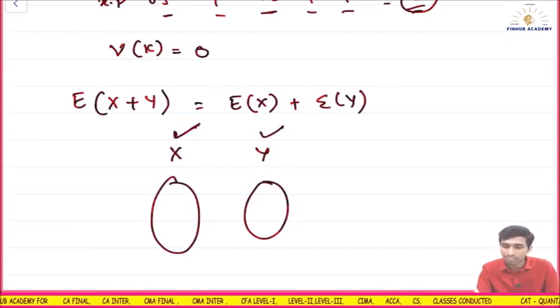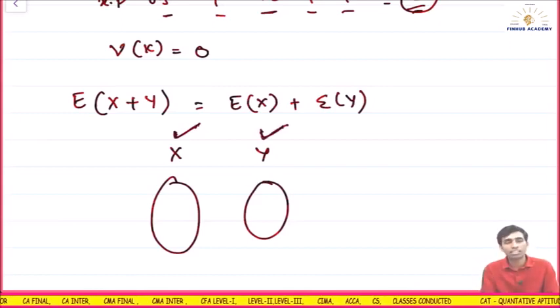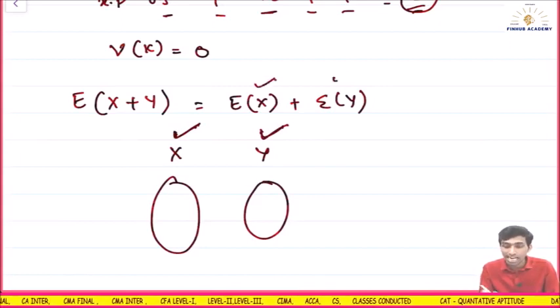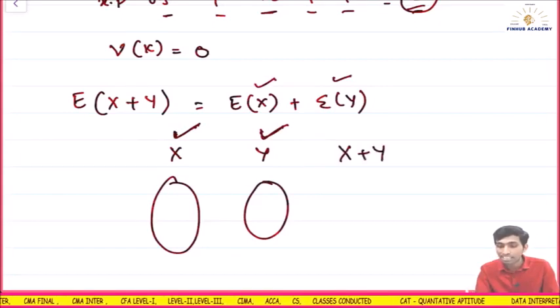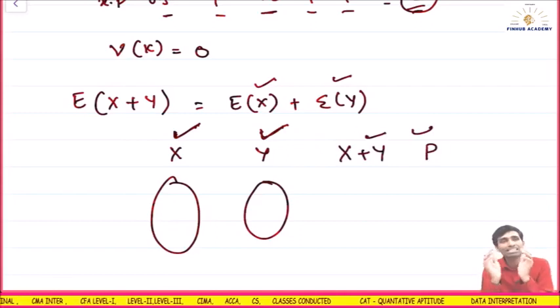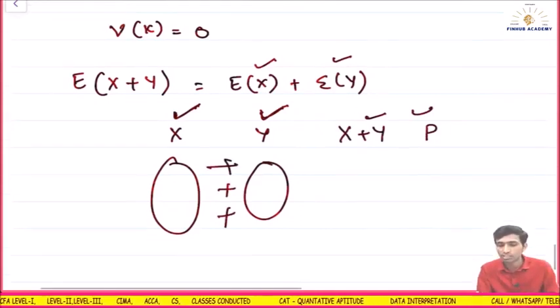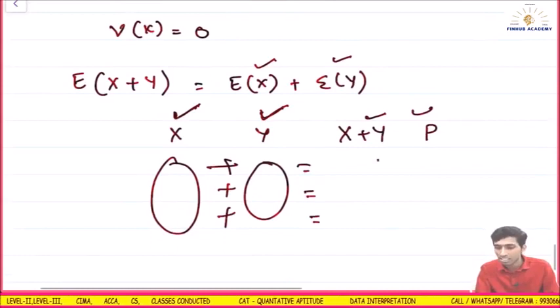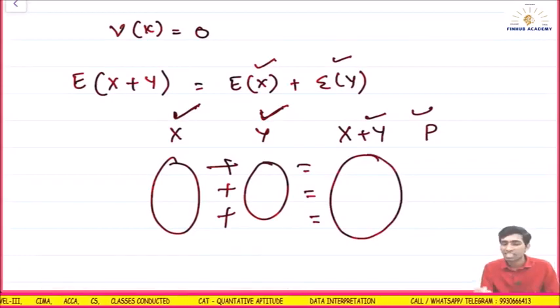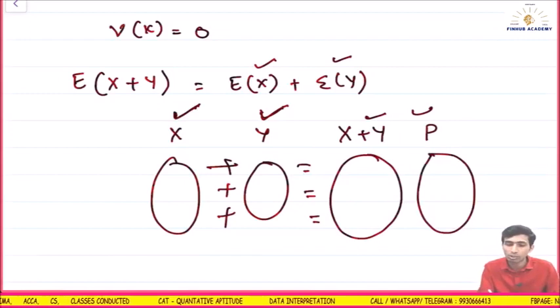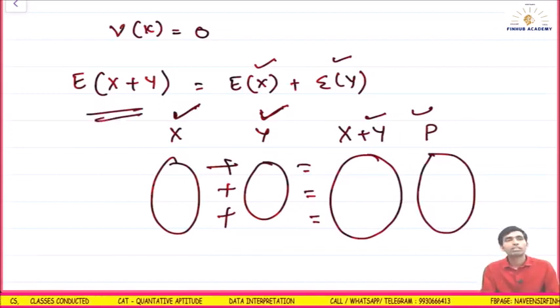Understood? If I take x plus y and then multiply with probability, means expected value of x plus y, I take the total of all the data. Whatever it is, that multiplied by probability will also be the same.